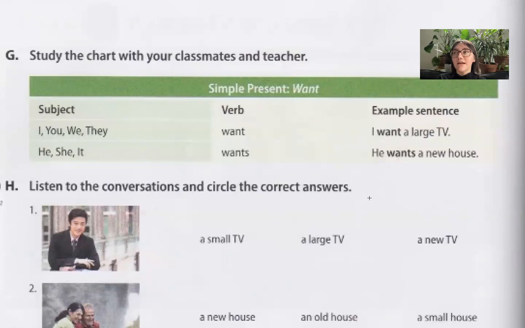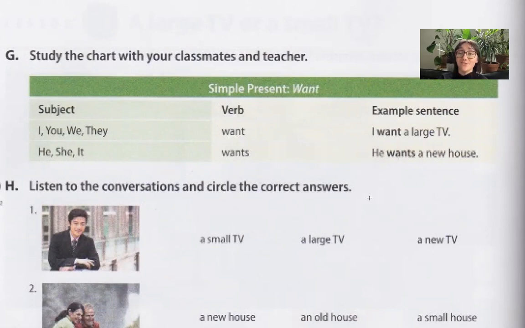Something that you hope you have, or something that isn't what you need to buy, but it's something that you like, right? I like new clothes. You want new clothes. Do you like lots of ice cream? I want to buy ice cream, right? I want to eat, right? So that's why we use want.